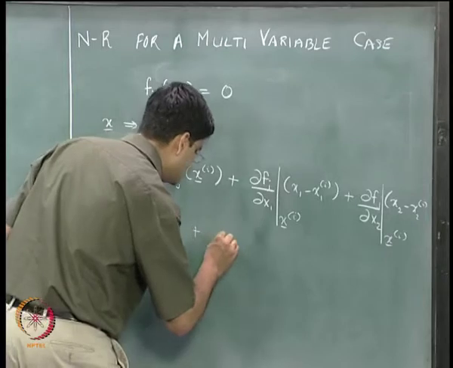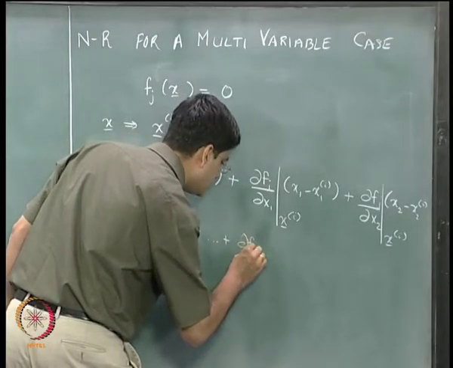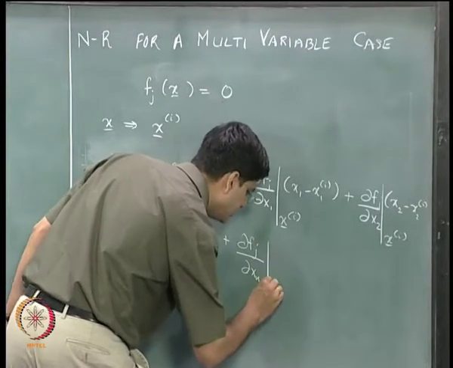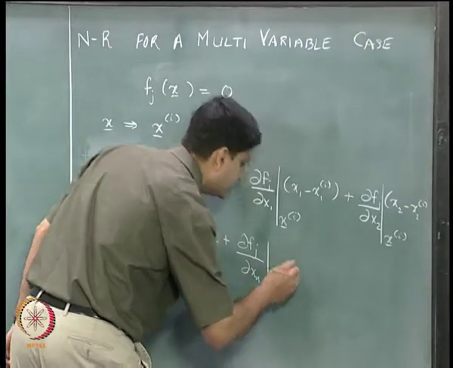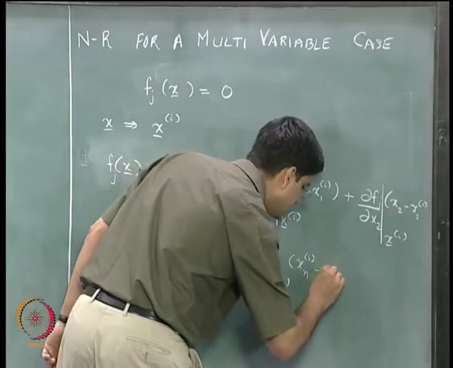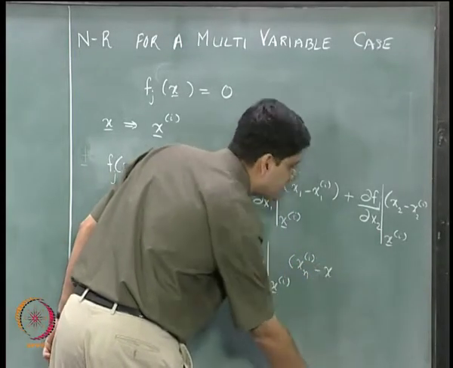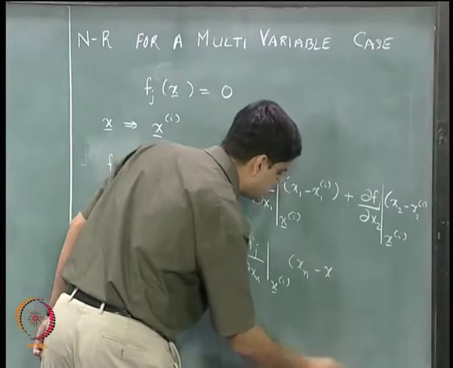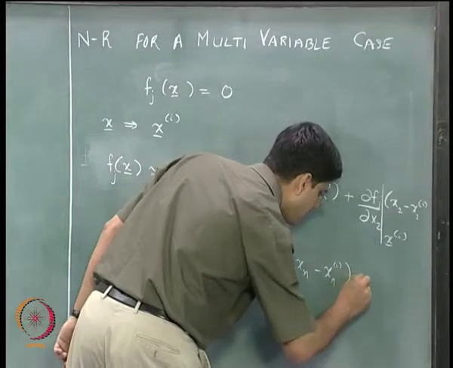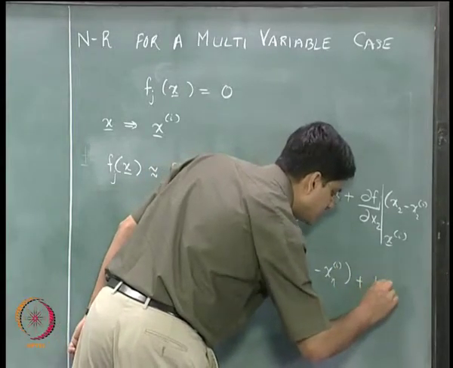and so on up to dfj by dxn evaluated at x bar i multiplied by xn minus xn at ith iteration, plus higher order terms.